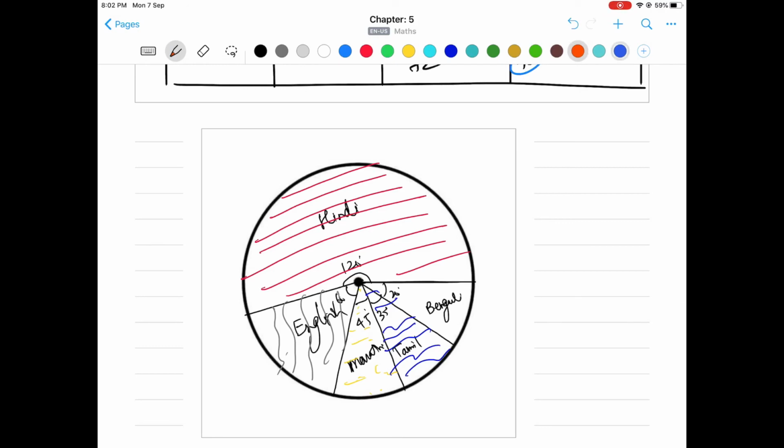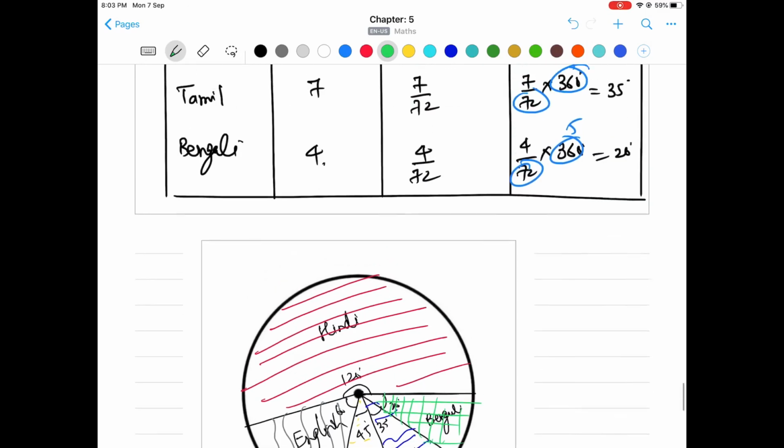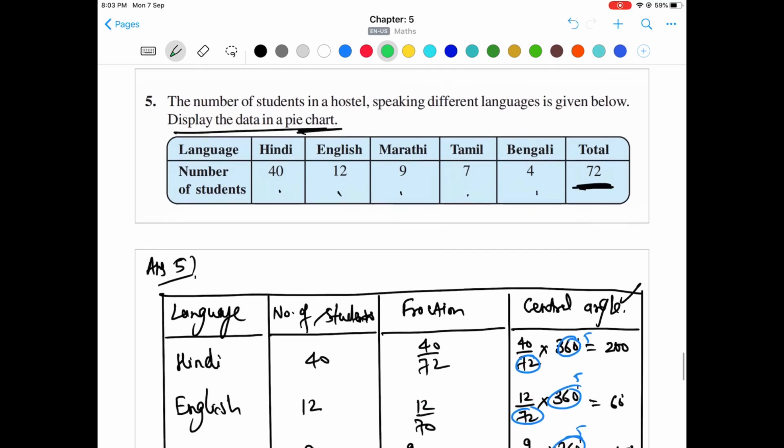And the last one. Like this, you can give different types of shading, and use different colors for the shading. Okay, so that's the answer of question number 5.